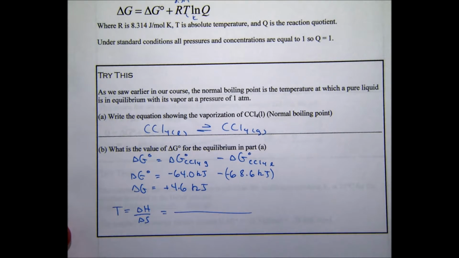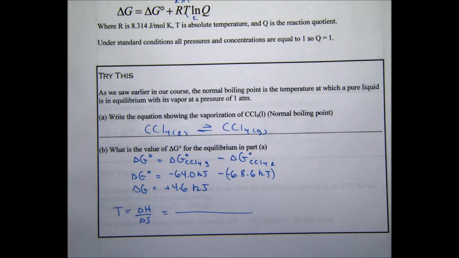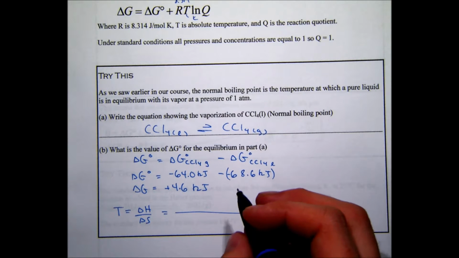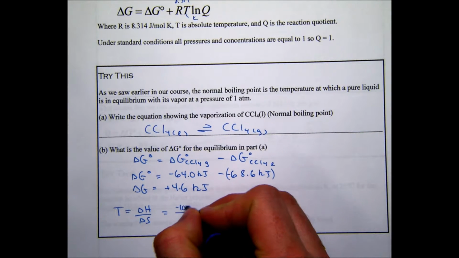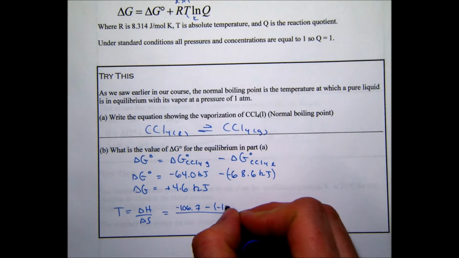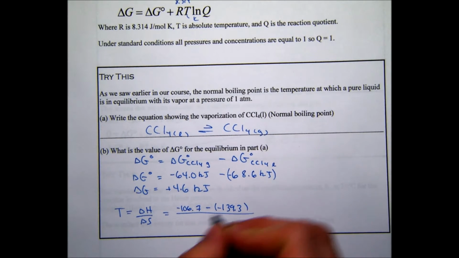On the top, we'll calculate the enthalpy. It's going to be gas take away liquid. So negative 106.7 take away negative 139.3.